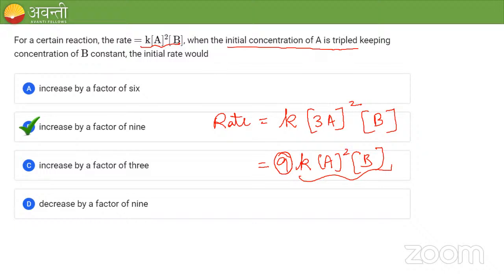Students, are you all able to understand? Only two students have given me the correct answer for this, Sakshi and Rashmi. Others, I don't know why you have given option A and C. So now I think you have understood, right? Sakshi has a doubt. So what is your doubt, my dear? Tell me your doubt.